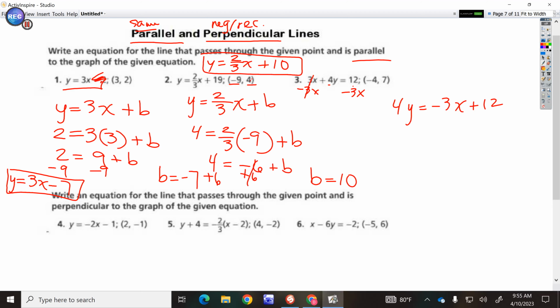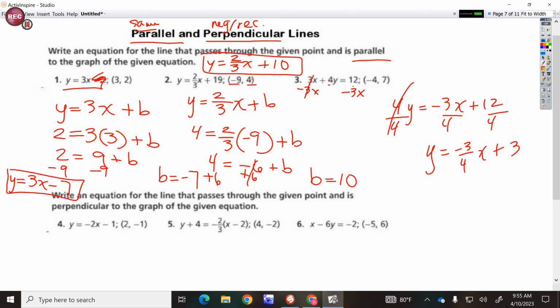Now, why can't I put the 12 together with the minus 3x? Because 12 has no variable, no x. You with me? Now you're dividing everything by your coefficient, no matter what it is. In this case, it's positive 4. Y equals -3 over 4x plus 3.